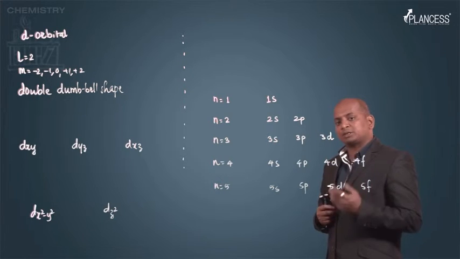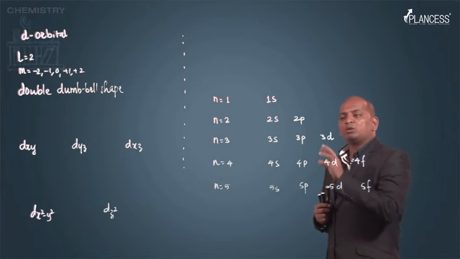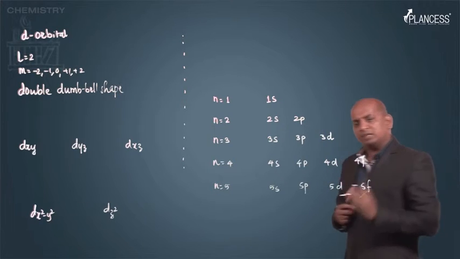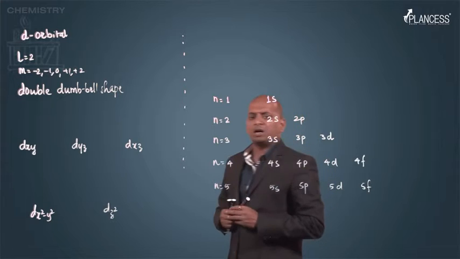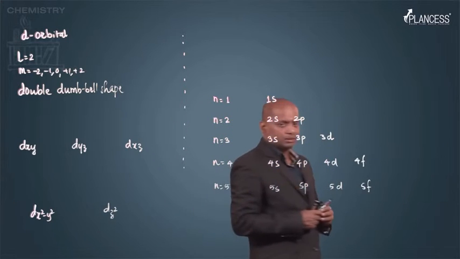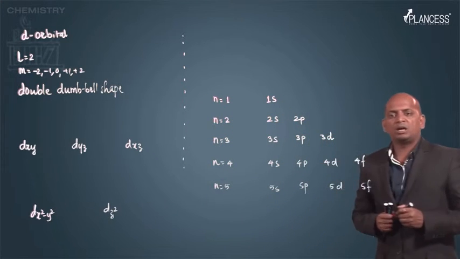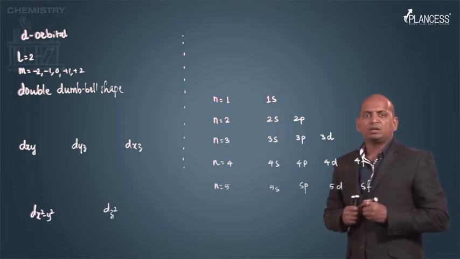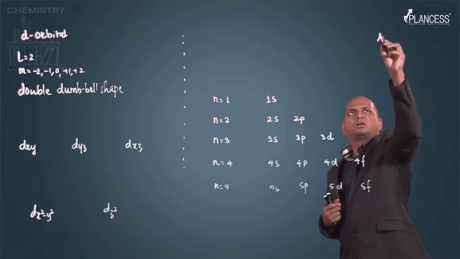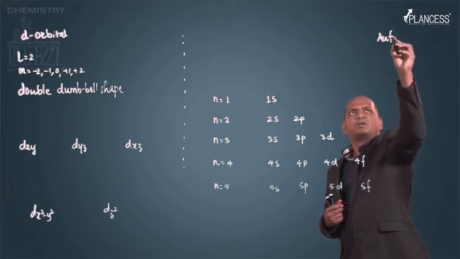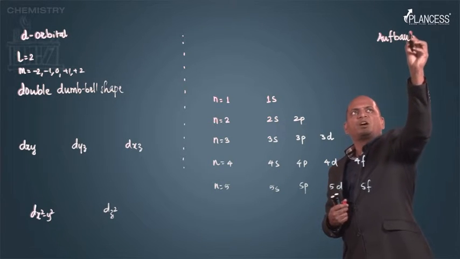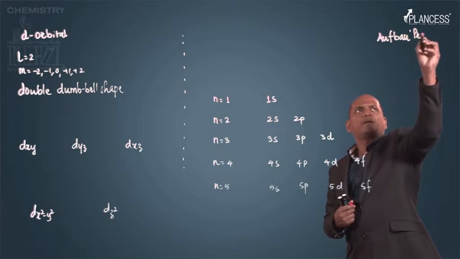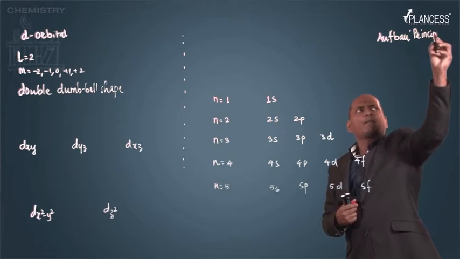Now the next question is, how are we arranging the electrons? To arrange electrons, we are going to use one principle called Aufbau's principle.